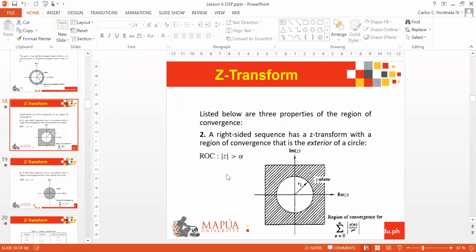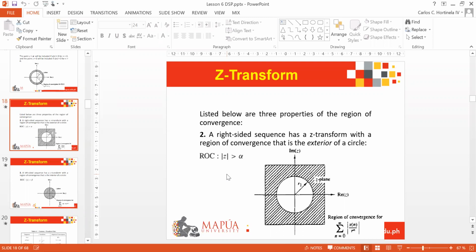The circle is formed in reference to your alpha, which is the radius of the circle. It may not be equal to 1, but all values outside that circle are your region of convergence.